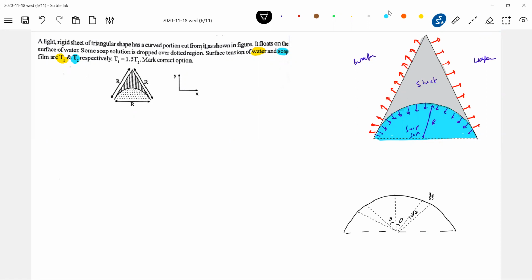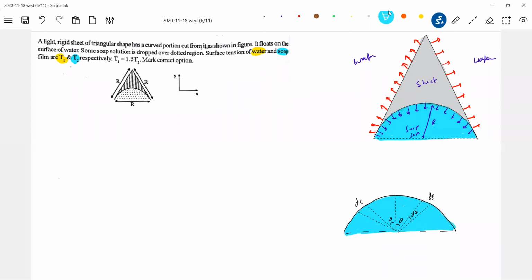So this will subtend an angle d theta. So here soap solution is present. So what it does, it will exert force according to those arrows. Violet color or dark blue color arrows is what I'm showing. Now the net force by the soap solution on the sheet, on this curved surface, in what direction will it be? That's what we are trying to learn.